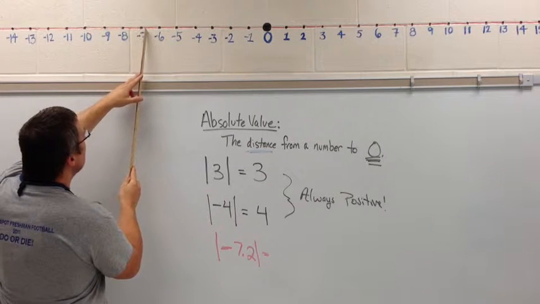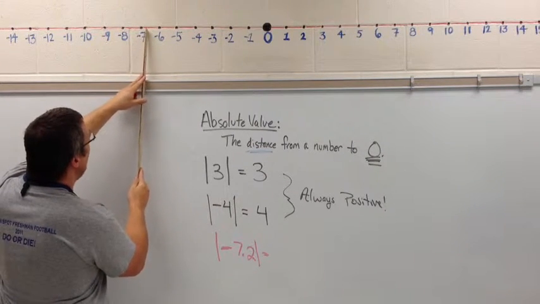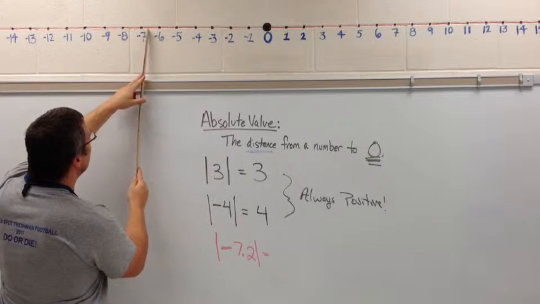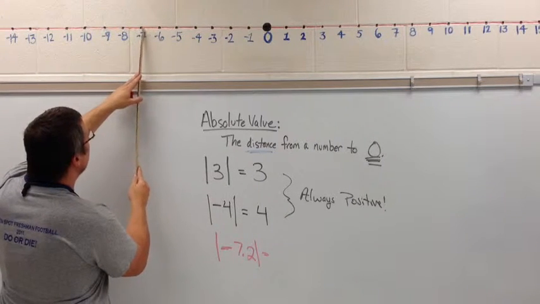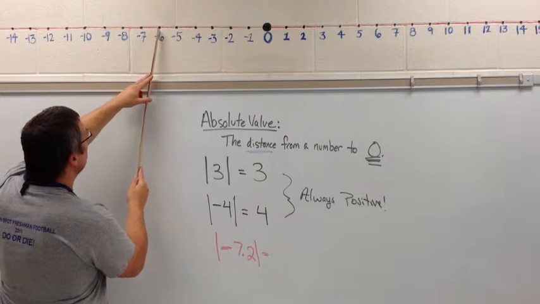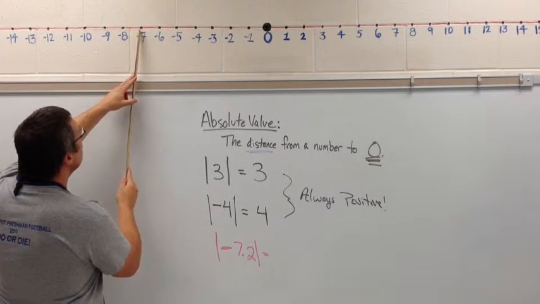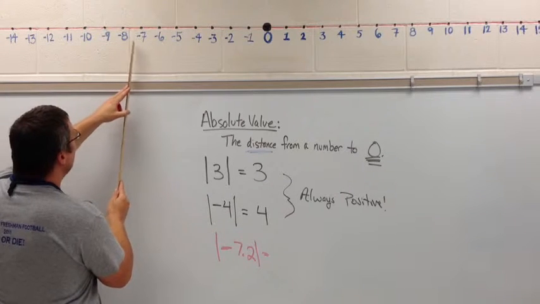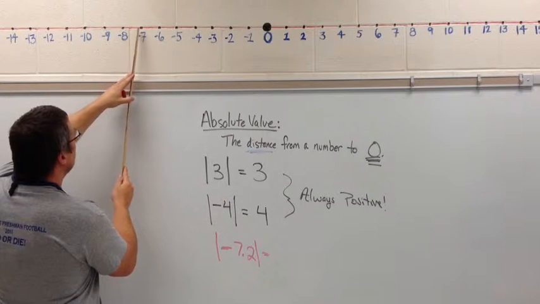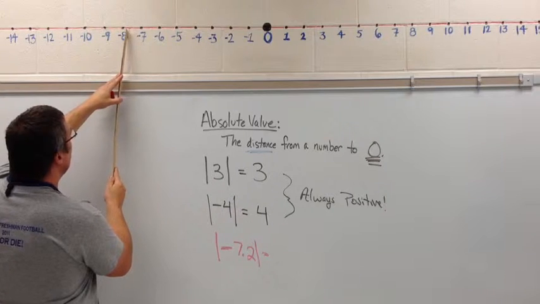It wouldn't be to this side, because if I was to this side, I would be in the 6s. Because 6 to 7 are all the 6-point numbers, 6.1, 6.2, 6.3, etc. Between the 7 and the 8 are the 7, 7.1, 7.2, 7.3, etc.